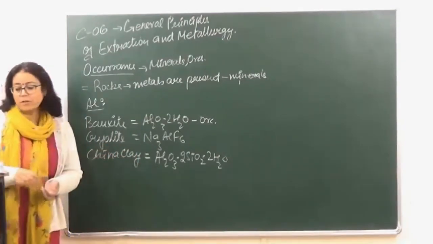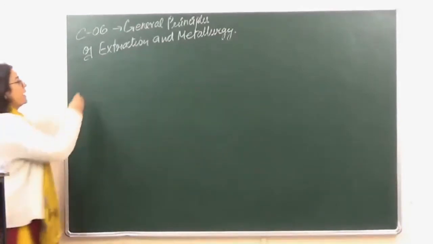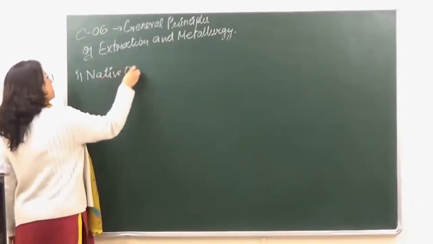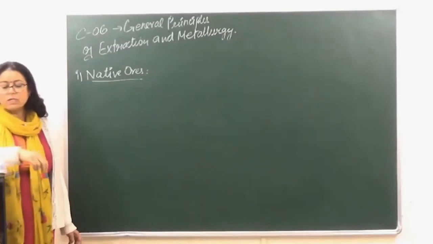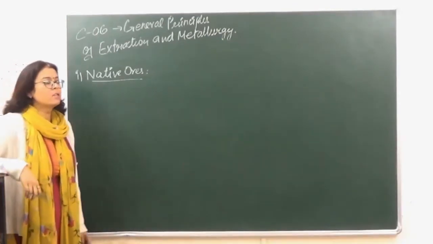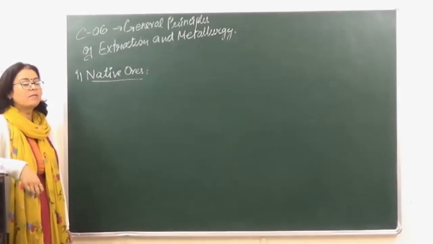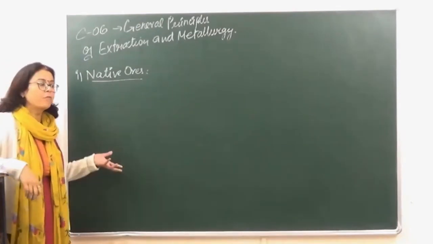Now ores are further classified into the following kinds. Number 1, native ores. What do we understand by native ores? There are certain metals which are present in the free state, as we just discussed, metals like silver, gold, platinum. All those are said to be native ores, right?